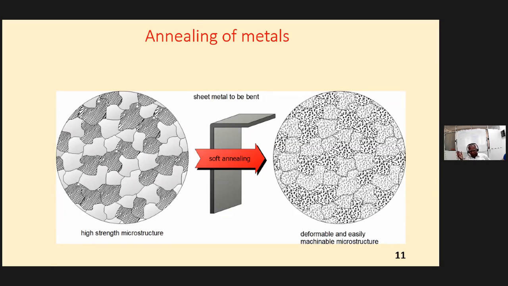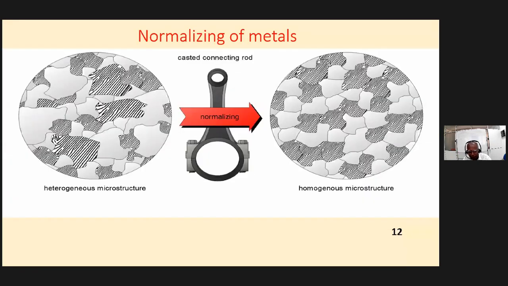Easily machinable, right? Then normalizing means we are slightly hardening the metal.